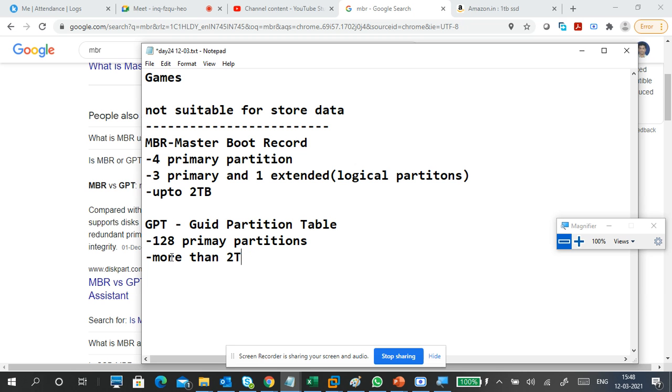In some textbooks it is shown as supporting up to 18 EB, and some textbooks show 9.2 zettabytes. On the internet it is mainly zettabytes. Okay, so you can try anything, no problem.